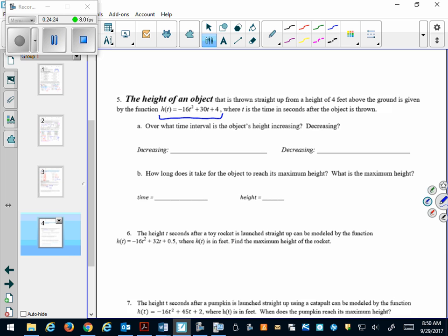The height of an object at time t is negative 16t squared plus 30t plus 4. Well, that's this particular situation. But the plus 4 is, it's going from a height of 4. In other words, like maybe I'm taking the ball and throwing it from 4 feet off the ground.